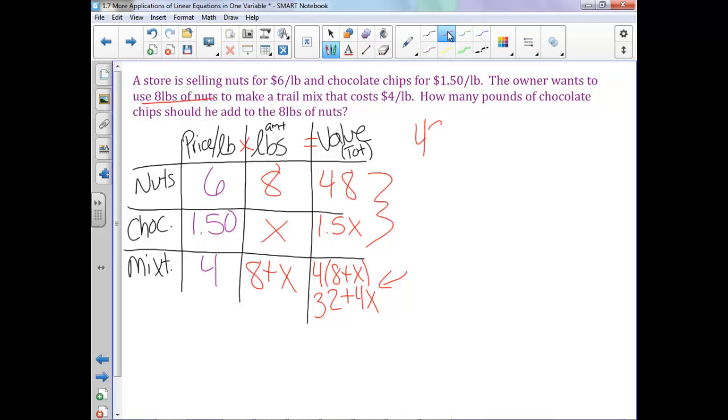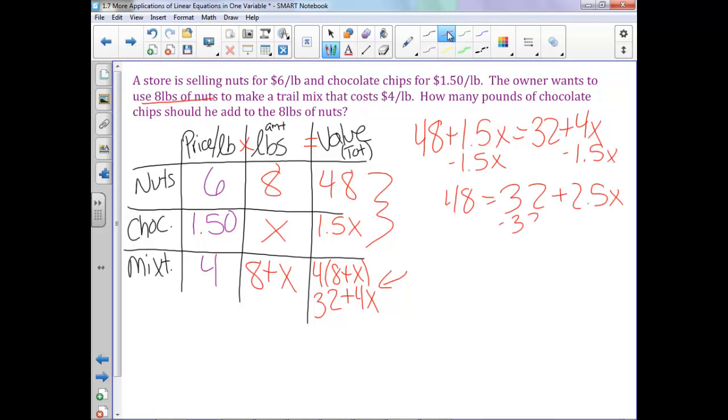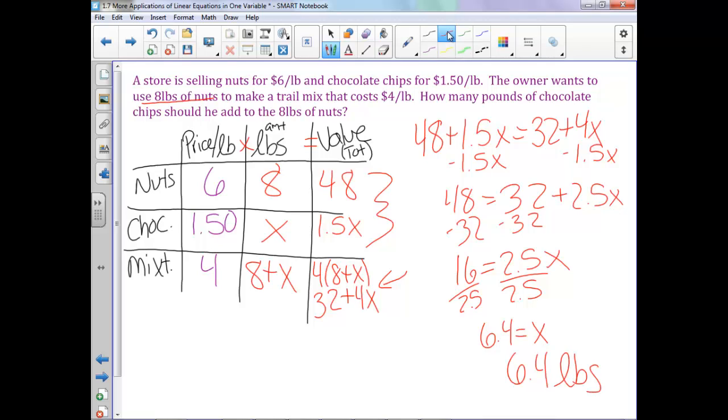So we've got the value of the nuts plus the value of the chocolate equals our total value that we're adding them together, or our mixture. So we need to add 6.4 pounds of our chocolate.